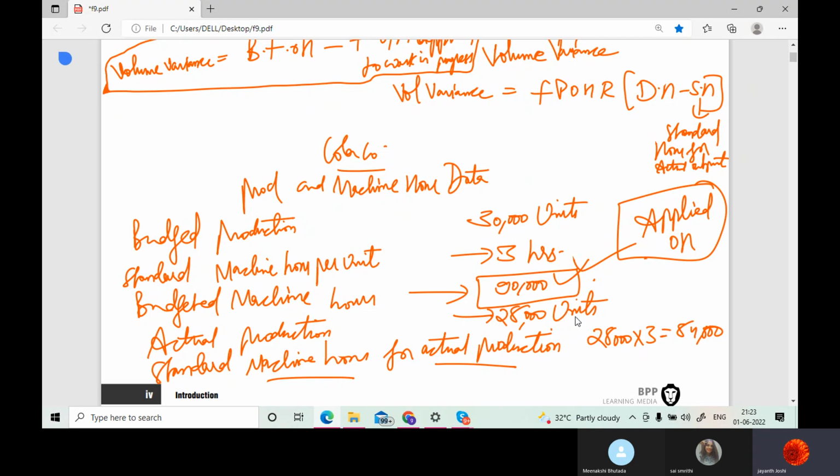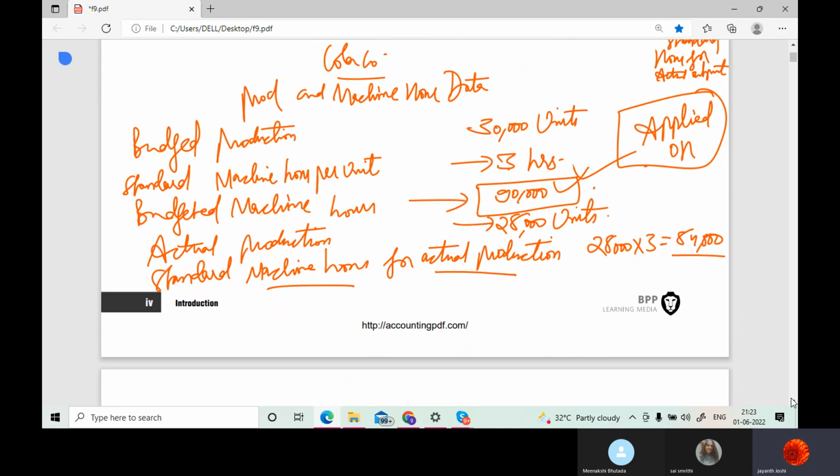So 28,000 is the actual production which has happened, and standard hours for actual production you incurred is this, and actual machine hours is 88,000 hours.